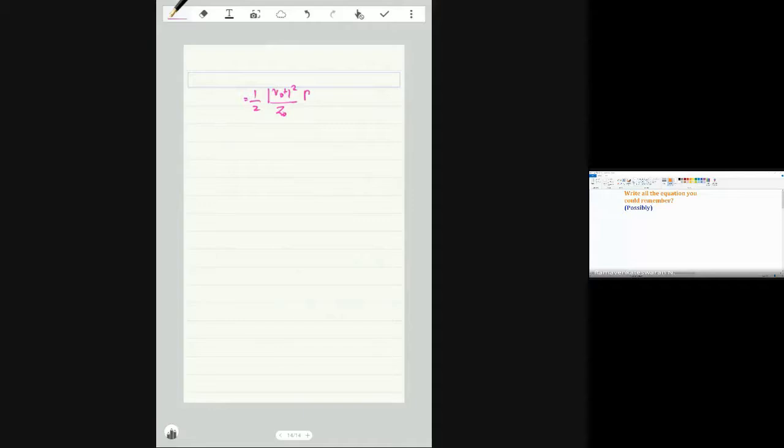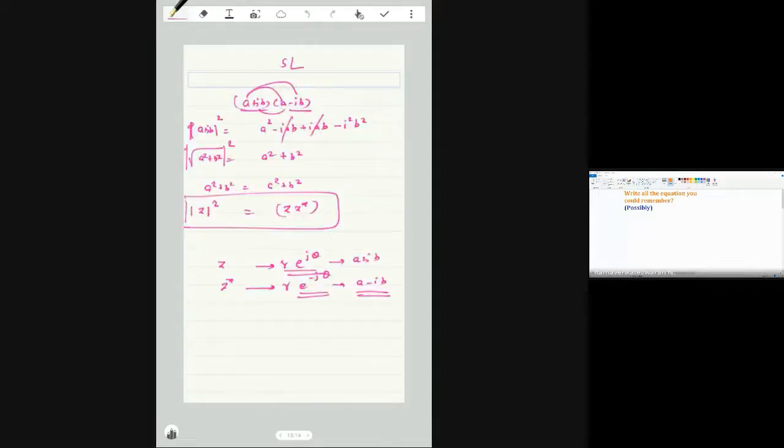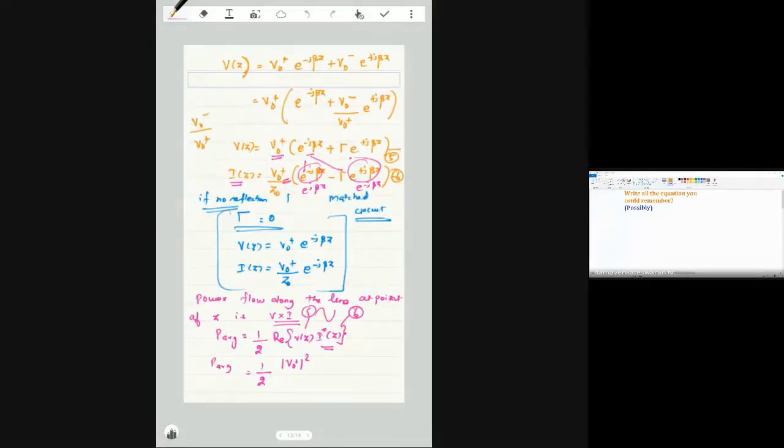This can be written as real of 1 minus gamma star e power minus 2j beta z, plus gamma e power plus 2j beta z, minus gamma that whole square. Okay, you check that, are you getting this? Probably you might have this doubt about gamma star. This is the I of z complex conjugate. Even this plus becomes a minus, this minus becomes a plus.